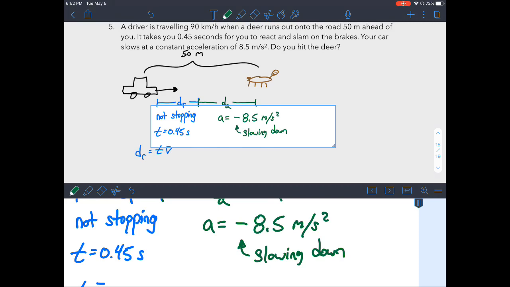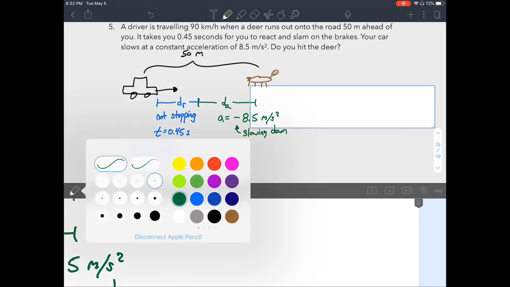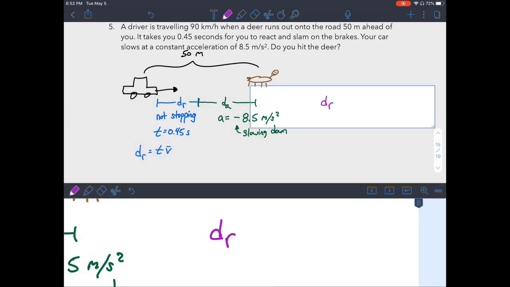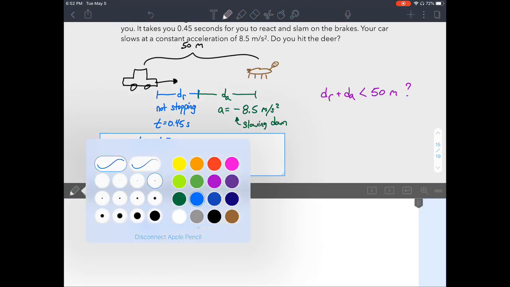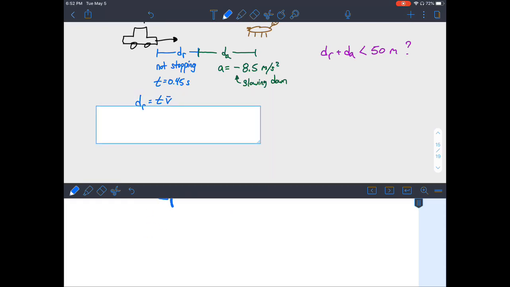There's the original reaction time distance that you go, and then the secondary acceleration distance that you go. So we need to find both those distances and see if that's less than 50 meters. That's the goal. We're going to look at dr plus dA and see if it's indeed less than 50 meters.